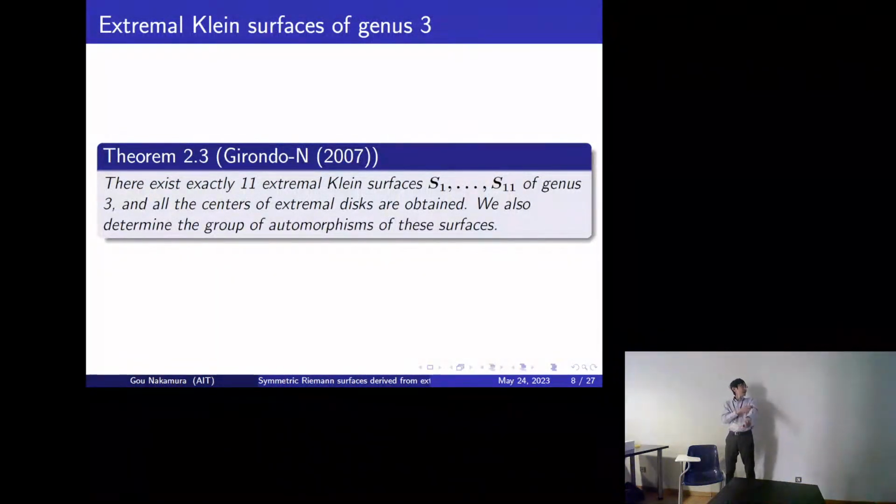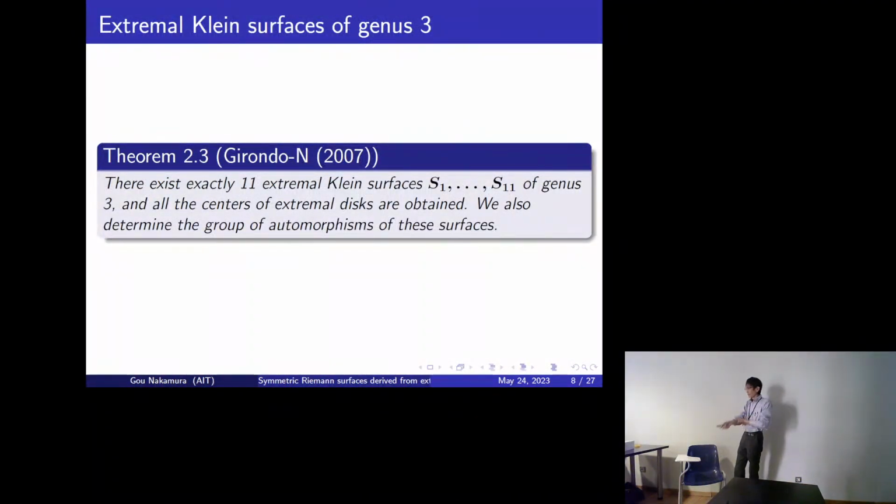So how about extremal Klein surfaces? So in 2007, so it was also more than 15 years ago, it was shown that there exist exactly 11 extremal Klein surfaces of genus 3, and all centers of extremal disks are obtained. We also determined the groups of automorphisms of these surfaces.